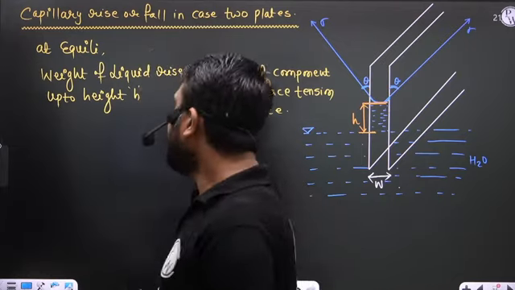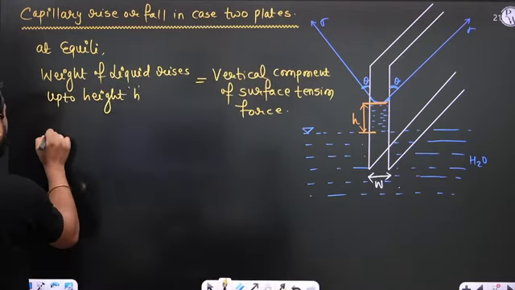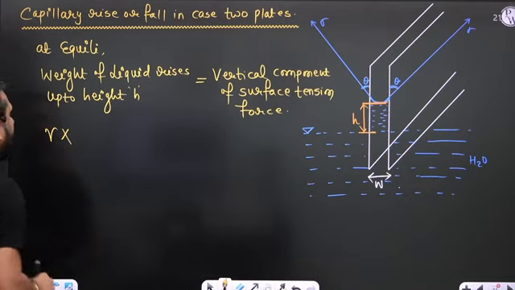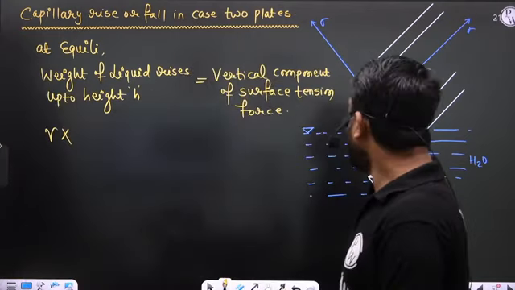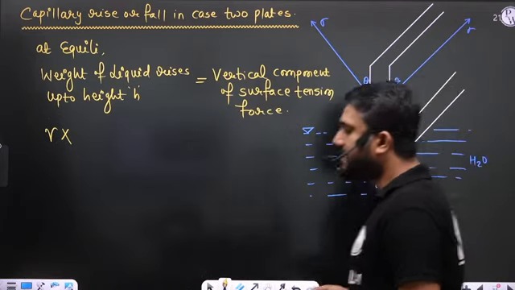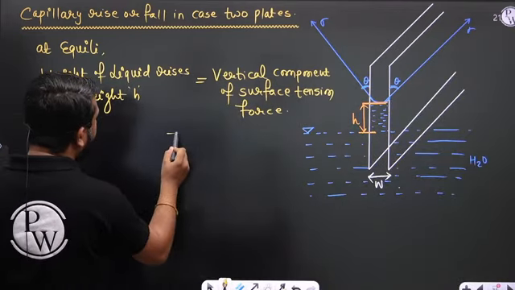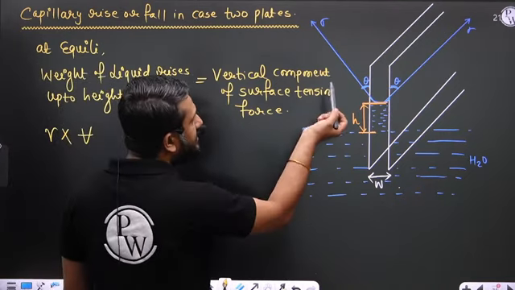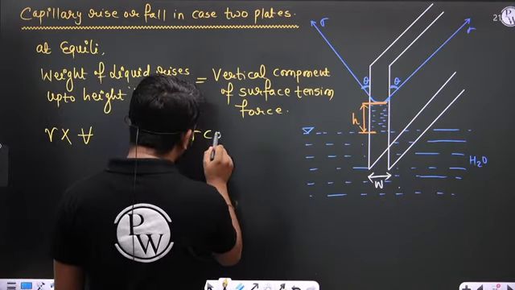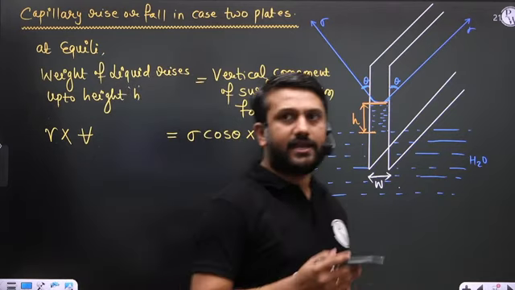So calculate the weight. Weight of the liquid risen up to height h: weight density is gamma, multiplied by volume. This is equal to the vertical component of the surface tension force, that is sigma cos theta, the surface tension multiplied by the length where it acts.